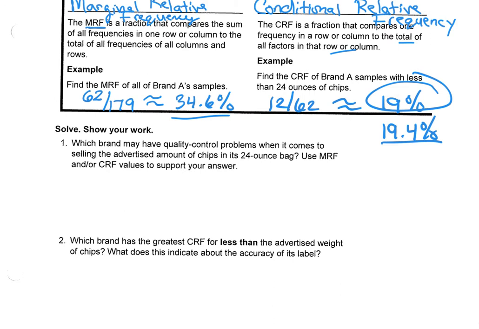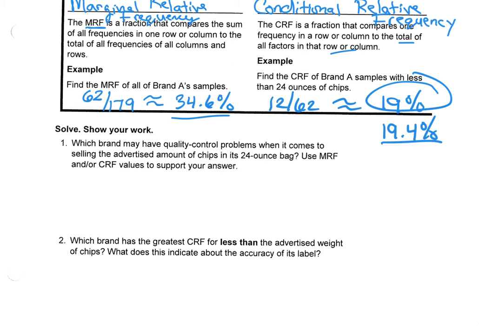Okay? So we're going to solve and show our work on these problems. Which brand may have quality control problems when it comes to selling the advertised amount of chips in its 24-ounce bag? Use the marginal relative frequency and or the conditional relative frequency values to support your answers.